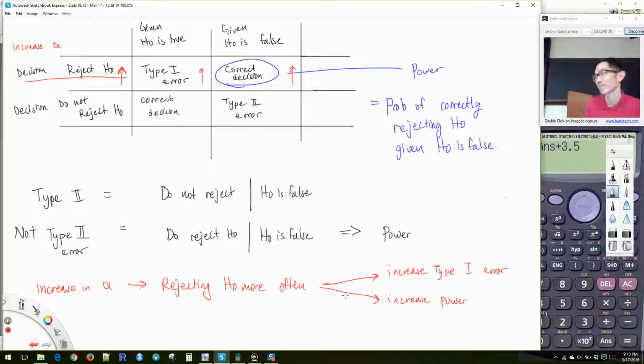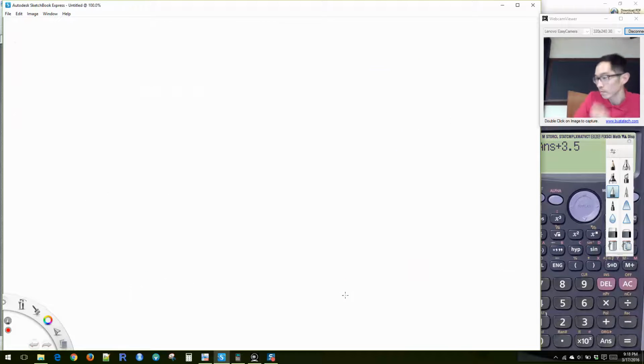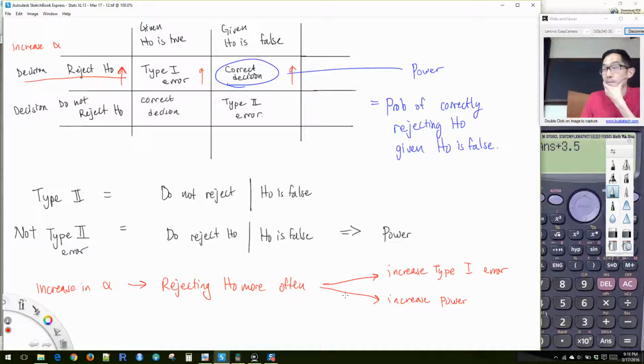That's what we aim for, right? We want to minimize type 1 and type 2 error if possible, but can't. Okay, when do we want big alpha and when do we want small alpha? Big alpha desired when you're trying to cast a wide net.